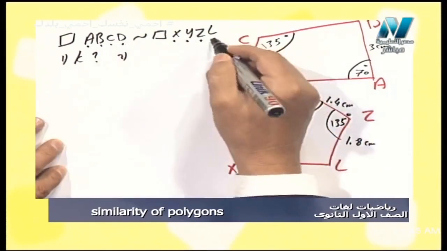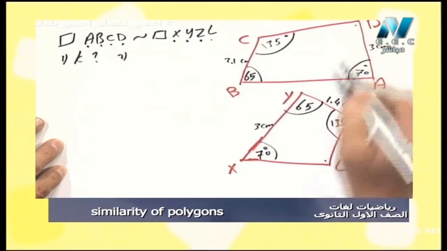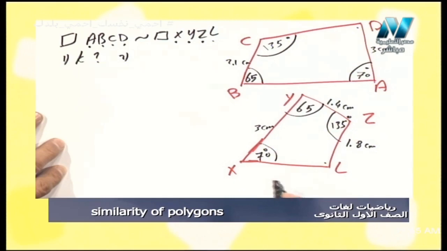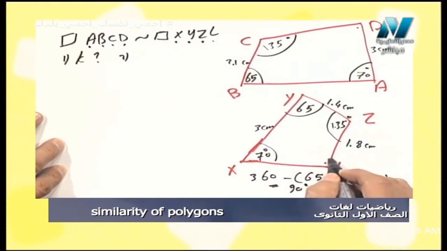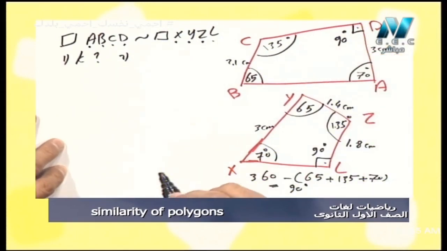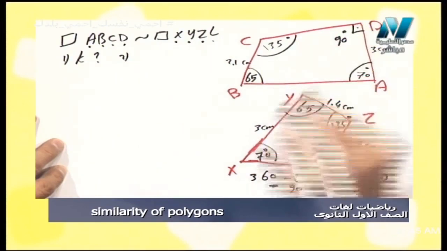Measure of angle D equals measure of angle L here, but we don't have the measure, so we can subtract the sum of these angles from 360. If we write 360 minus 65 plus 135 plus 70, the answer will be 90. So angle L here equals 90 and its corresponding angle D equals 90 also. So we have all the angles.